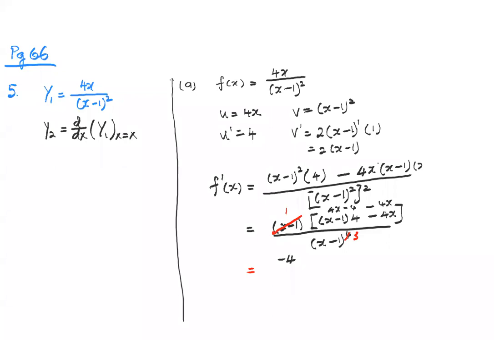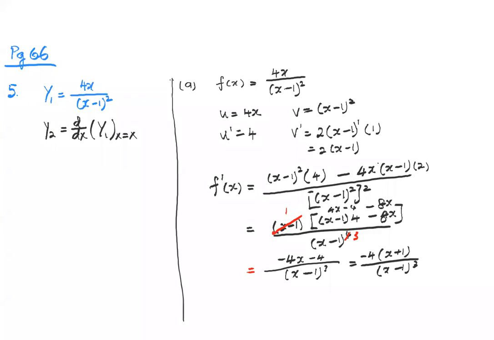I forgot the 2 here. So here should be 8x. Am I right? That's right. So I got negative 4x minus 4 divided by x minus 1 cube. So I got negative 4 take out, x plus 1 over x minus 1 cube. So I'm done with that. Okay.